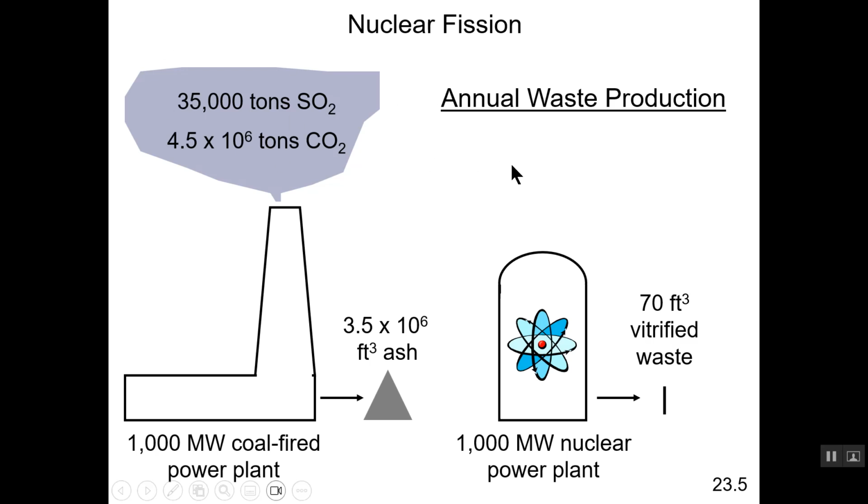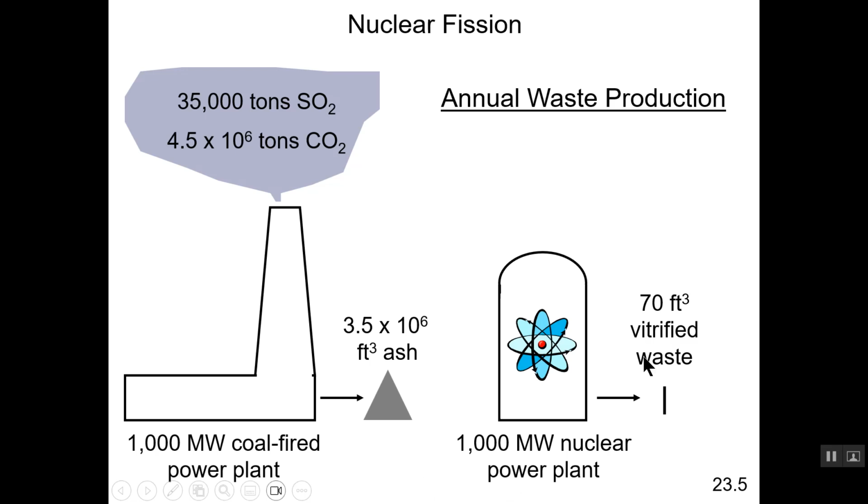However, there's a disadvantage, and it has to do with the amount of waste. Well, actually, the amount of waste production is not the actual disadvantage, right? Because in the case of nuclear fission, the power plant will produce less waste compared to the traditional coal-fired power plant, right?